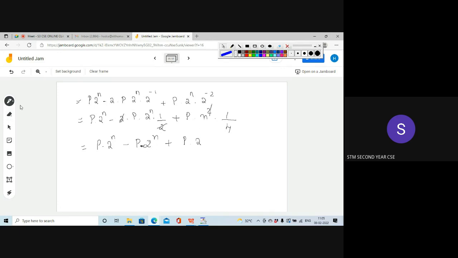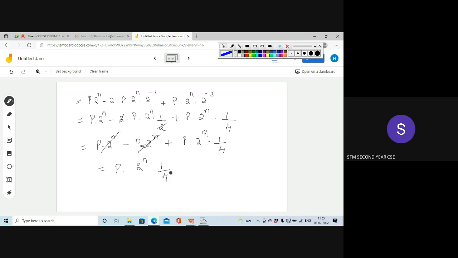And I wrote it as n raised to 2. This is 2 raised to n. Okay, into 2 raised to n into 1 by 4. Now these two terms, plus p into 2 raised to n minus p into 2 raised to n, will cancel, and I will get this to be p into 2 raised to n into 1 by 4.